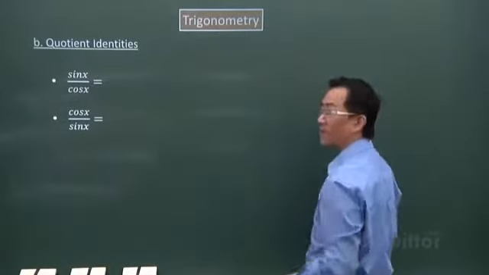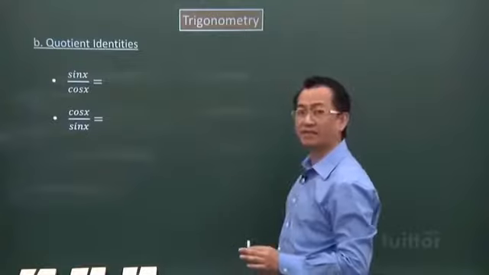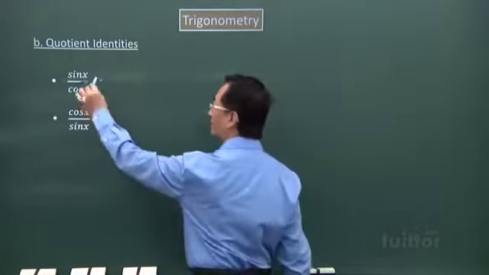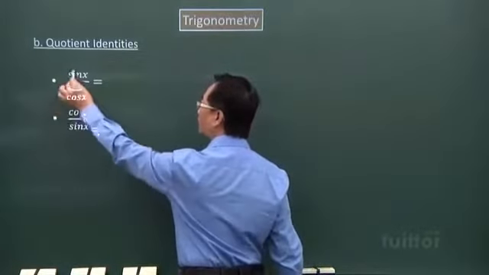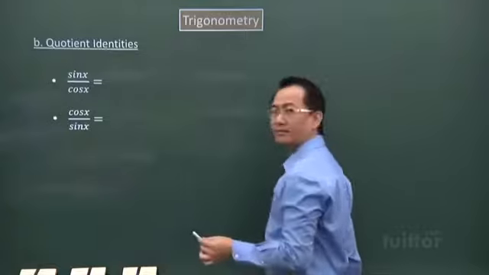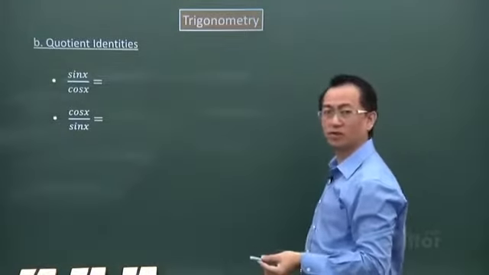The next group that we're looking at is the quotient identities. You can see over here, you have the numerator divided by denominator that we call quotient.